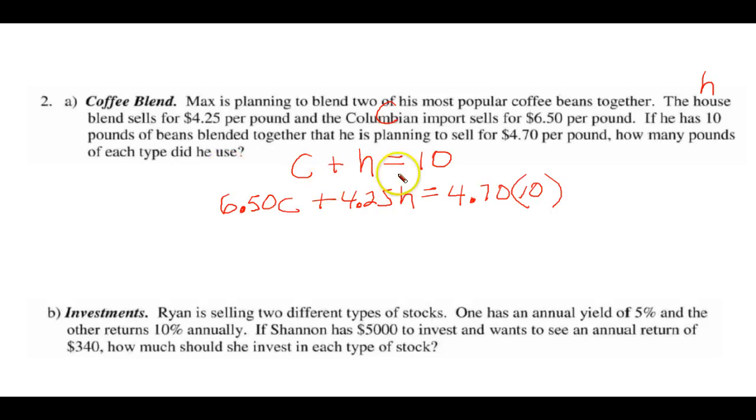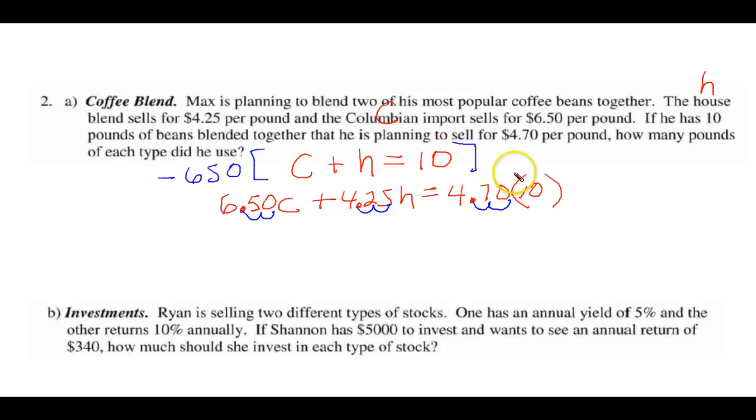And now, what technique? Well, I think what you'd want to do is get rid of your decimals by multiplying each term by 100. And then up here, if you multiplied this equation by a negative 650, then the C's would cancel out.